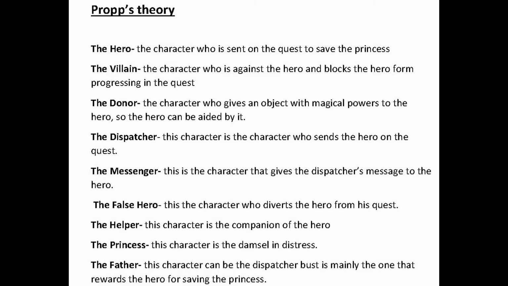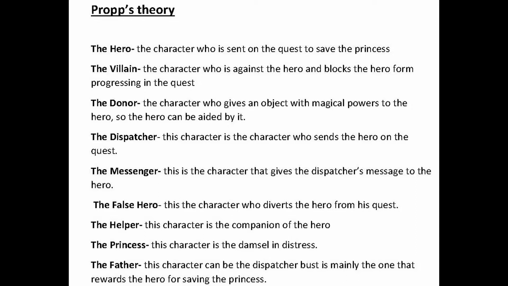Although spy films is not exactly a genre, it's just a style of film, but you get where I'm going. Prop theory covers the conventional or typical characters that you would find in those kinds of films.